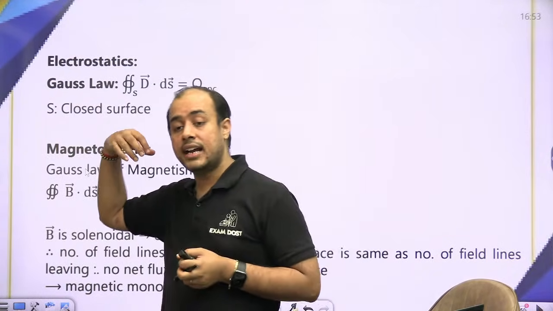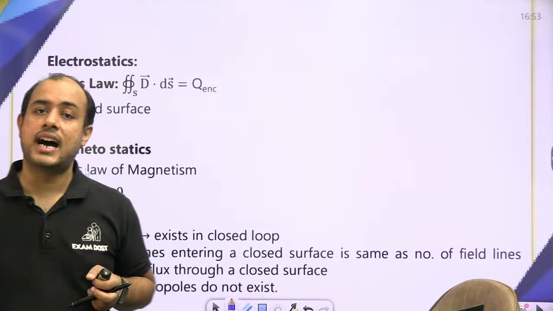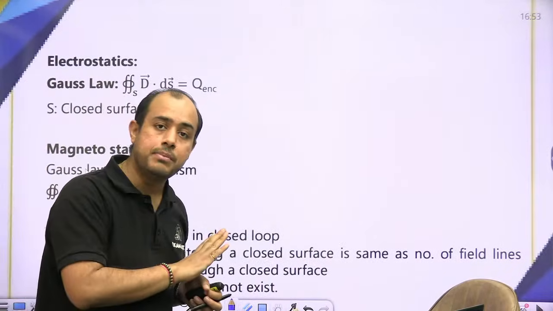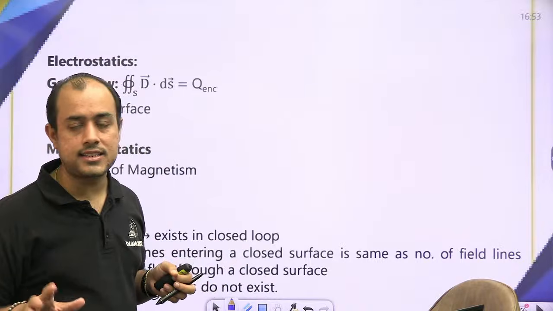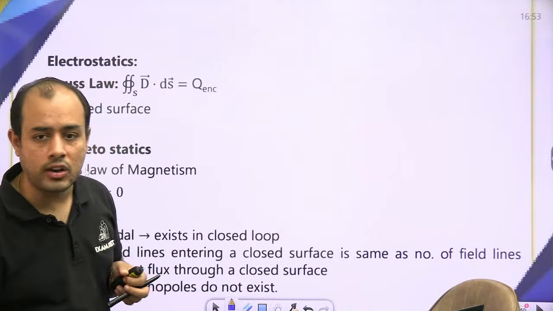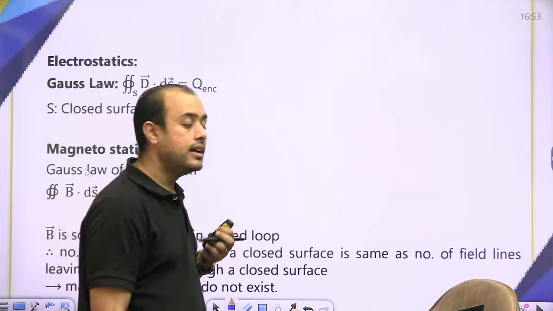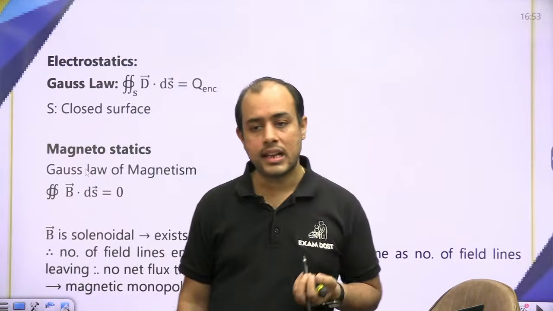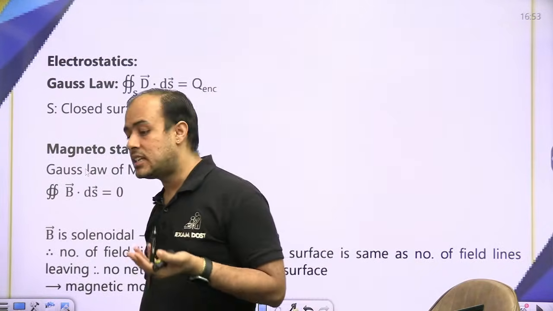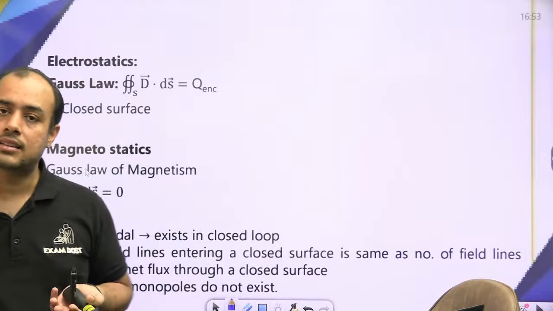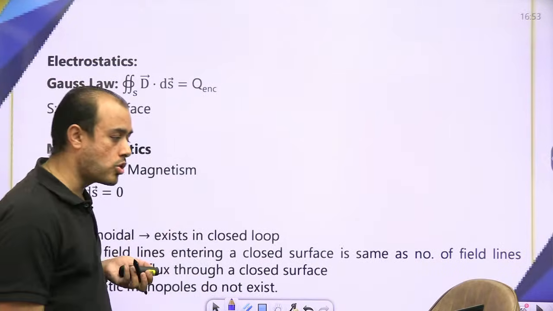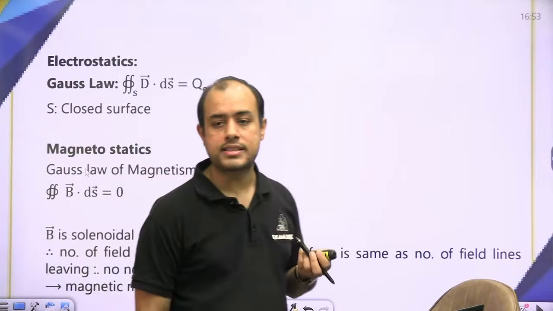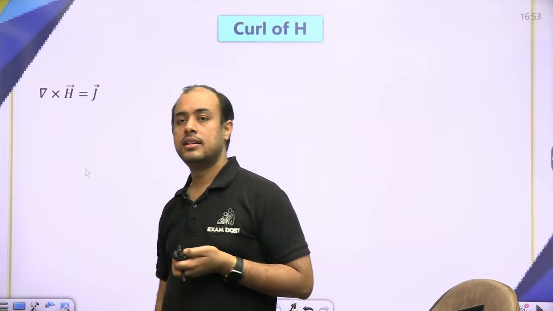So like in electrostatics, you say the net charge enclosed is 2 coulomb. In magnetism, there is no net charge because north and south will always cancel each other. Magnetism में north और south अलग अलग नहीं आ सकते, तो नेट मैग्नेटिक पोल हो ही नहीं सकता. नॉर्थ और साउथ एक दूसरे को काटेंगे तो नेट पोल स्ट्रेंथ विल बी जीरो.